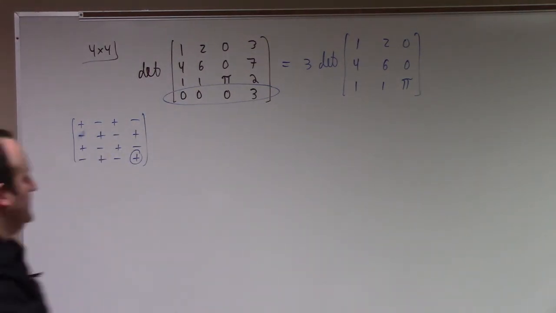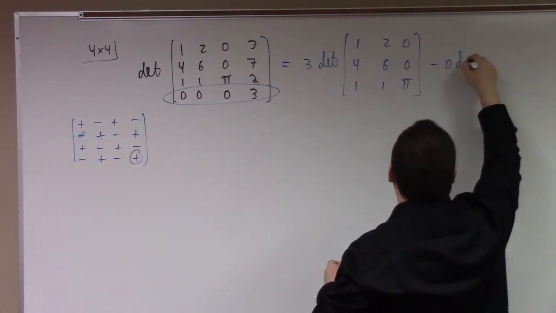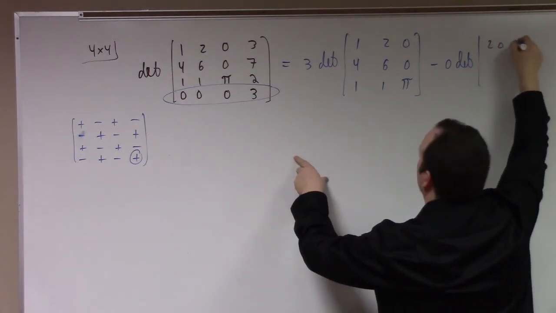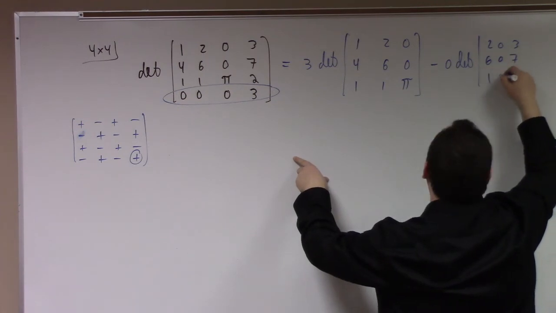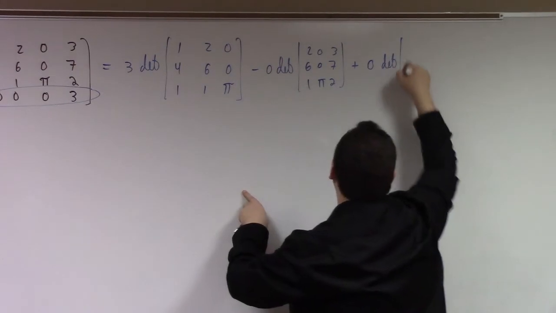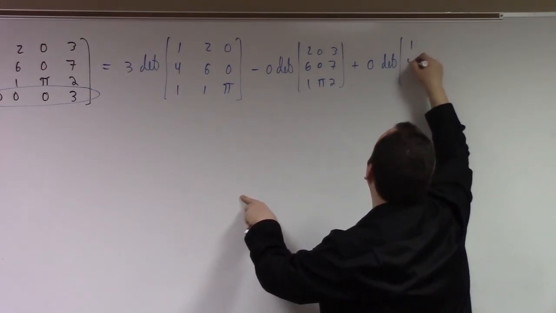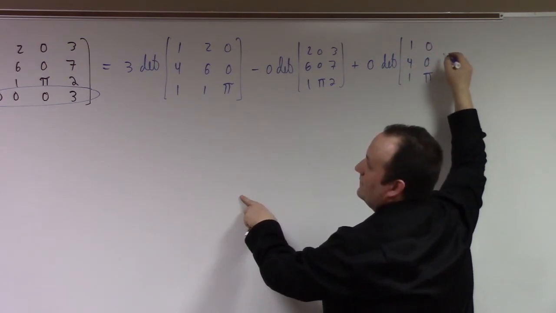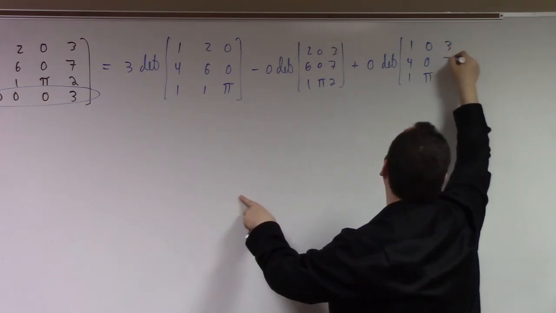And then, of course, to be fair, you also have minus 0 times the determinant of 2, 0, 3, 6, 0. So everything I'm writing is not needed, because these things are 0. Then 1, 4, 1, 0, 0, pi, 2, 3, 7, 2.